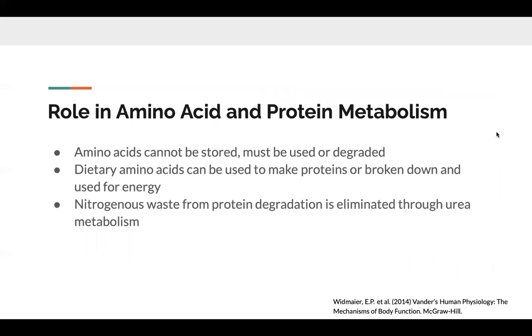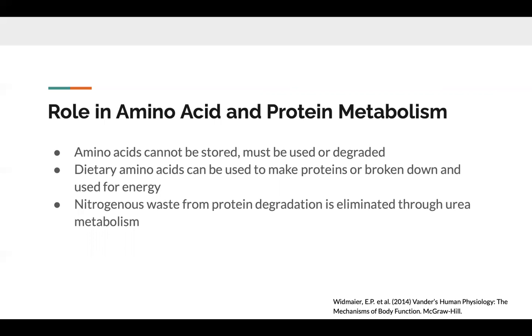Amino acids cannot be stored in the same way that carbohydrates and fats can. The liver is responsible for synthesizing proteins from dietary amino acids, which can then enter the blood and travel systemically. Amino acids can also be metabolized for energy, and this is done through the production of acetyl-CoA, which is fuel for the citric acid cycle, and production of NADH and FADH2, which can be used in generating ATP through the electron transport chain.